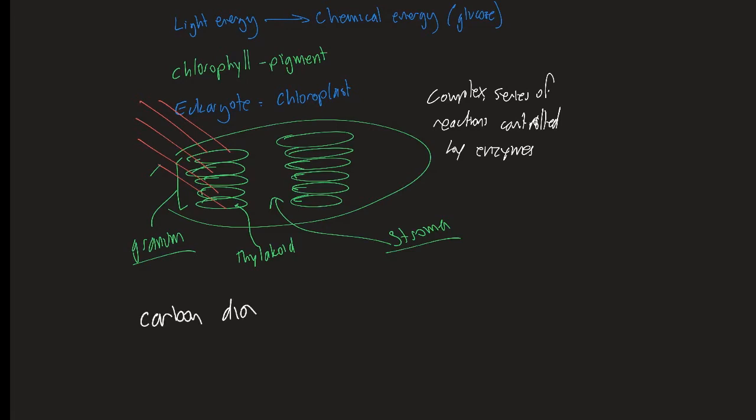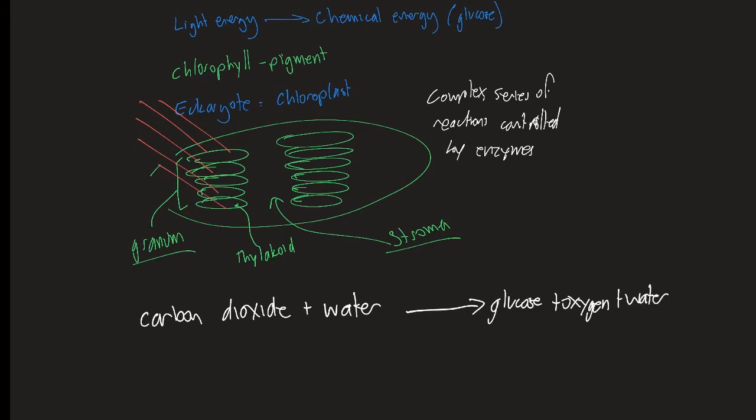So one of the raw ingredients is carbon dioxide, and the other is water. Then the outputs are glucose, oxygen, and also water. So water is an input, water is an output.